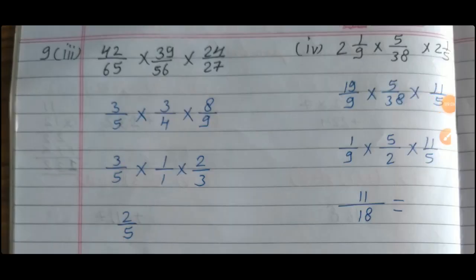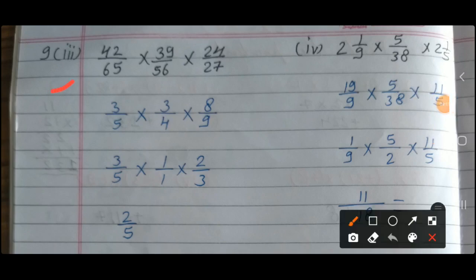Third part of question number 1. 42 upon 65 multiply by 39 upon 56 multiply by 24 upon 27. Here 42 and 56 both have a common factor of 14. 14 threes are 42, 14 fours are 56.